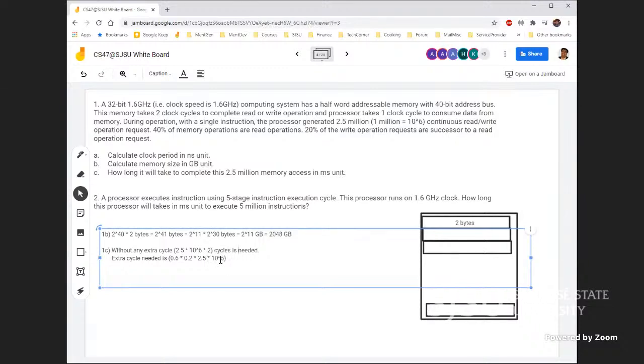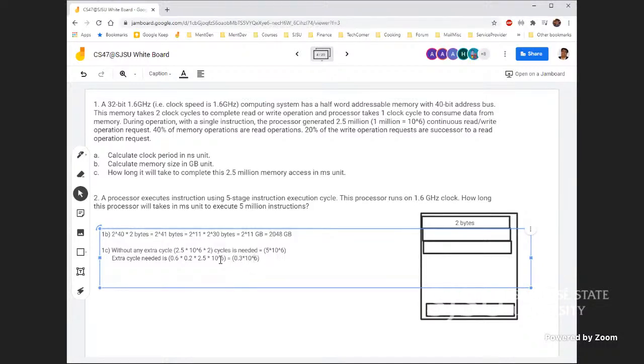So this one is 5 multiplied by 10 to the power 6. And this is 0.6 times 0.2 times 2.5, which is about 0.3 multiplied by 10 to the power 6 cycles.